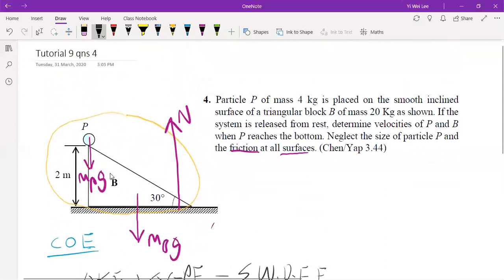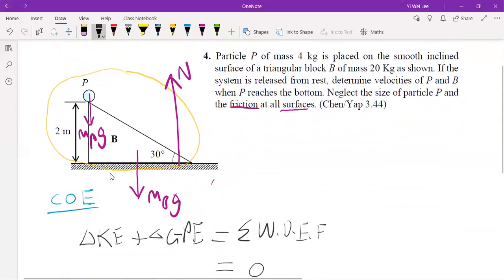Then you might ask, how about this normal force? This normal force is an external force and it's not gravitational force. The work done by this external force is also 0 because there is no distance moved in the direction of the force along the contact point of the force. This is the normal force, and it is the contact point of the normal force, but this block doesn't move upwards.